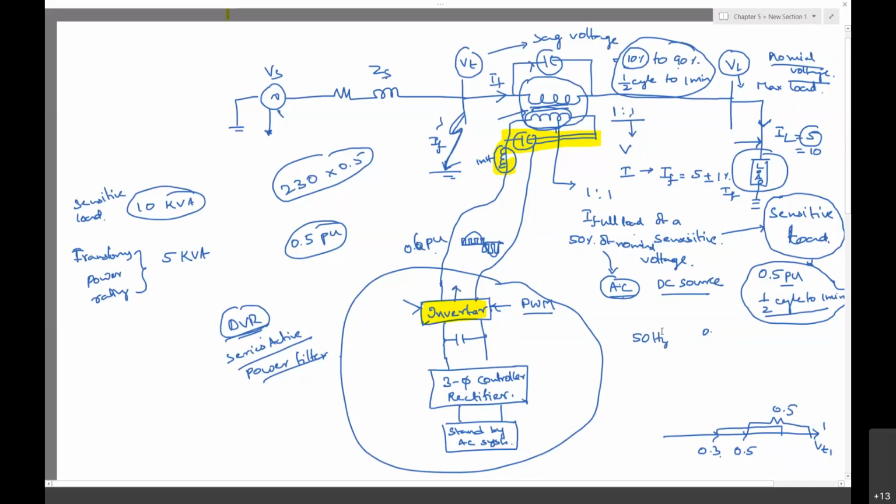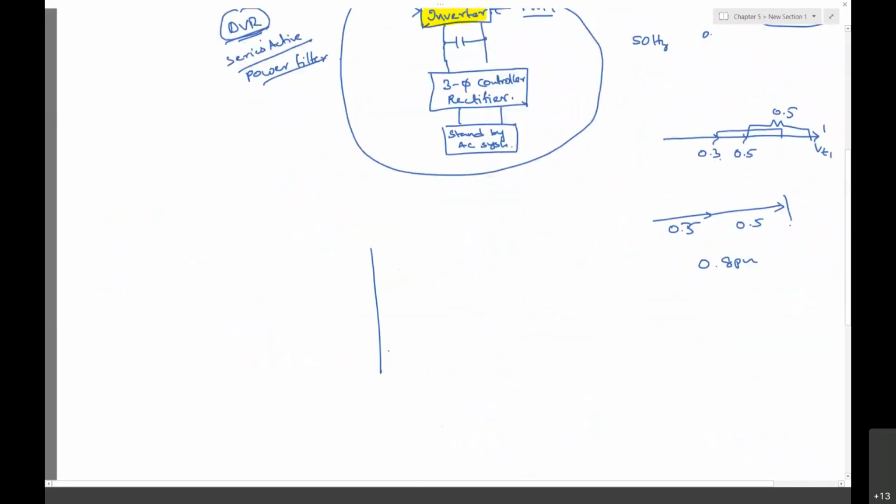Why? Because there is a sinusoidal voltage. If you consider a sinusoidal voltage of 1 per unit, the voltage has been reduced.